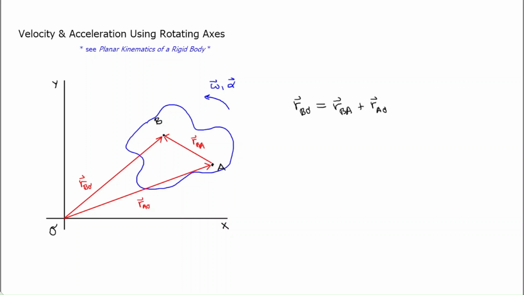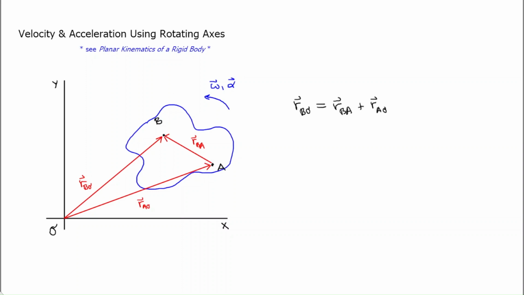I've got those position vectors labeled on the axes on the diagram right now, and the equation written in the black marker to your right. So position R sub BO equals R sub BA plus R sub AO.